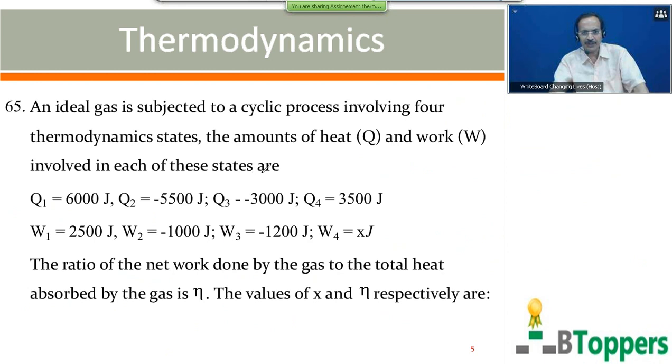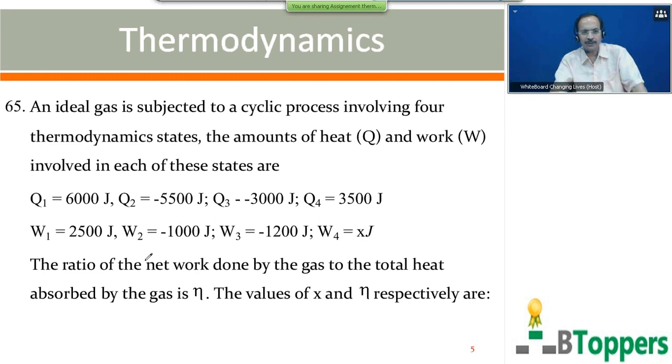An ideal gas is subjected to a cyclic process involving 4 thermodynamic states. The amounts of heat Q and work W involved in each of these states are Q1 equal to 6,000 joules, Q2 equal to minus 5,500 joules, Q3 equal to minus 3,000 joules, and Q4 equal to 3,500 joules.